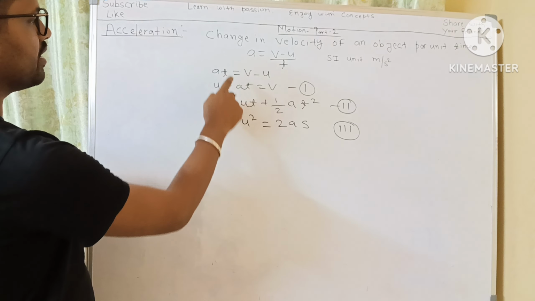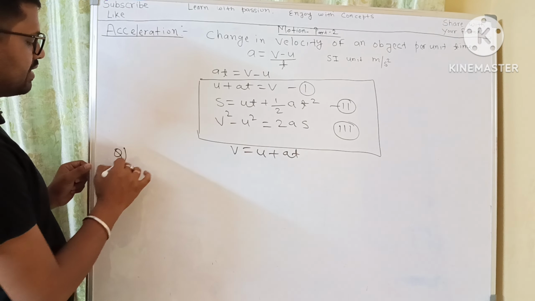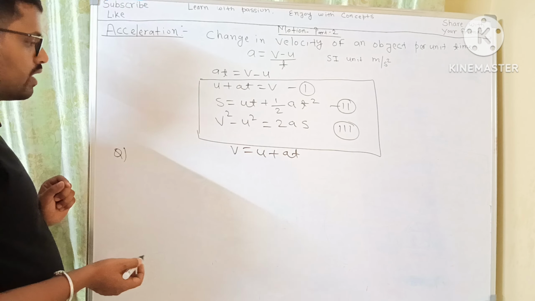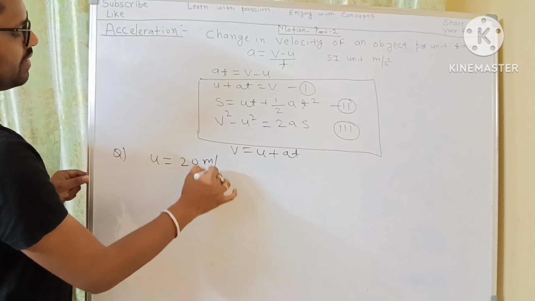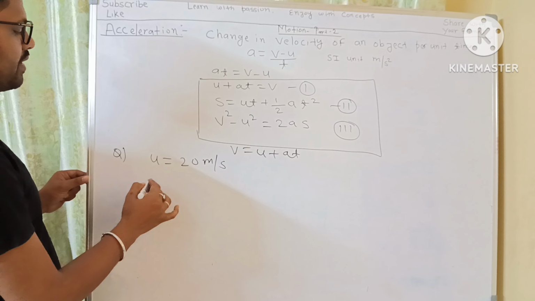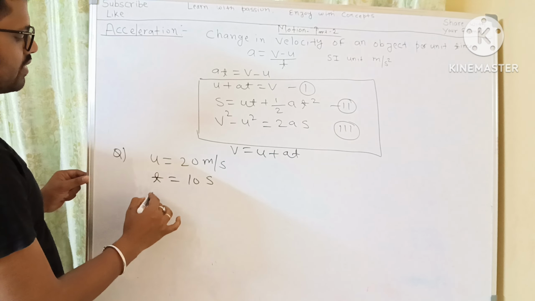So v equals u plus at. This has come from here only: at equals v minus u. Let's understand with one example. Suppose a bus is moving with initial velocity 20 meter per second, and after 10 seconds its velocity goes to 50 meter per second.